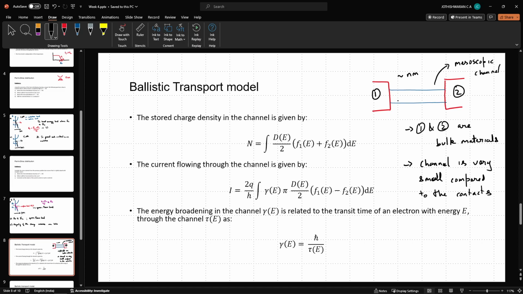So maybe a few nanometers, not even tens of nanometers, it is usually 10 to 15 nanometers or less than that. These days we are trying to push into the sub-nanometer regime, so that is the state of the art. However, to understand that we need to understand how mesoscopic channels behave.